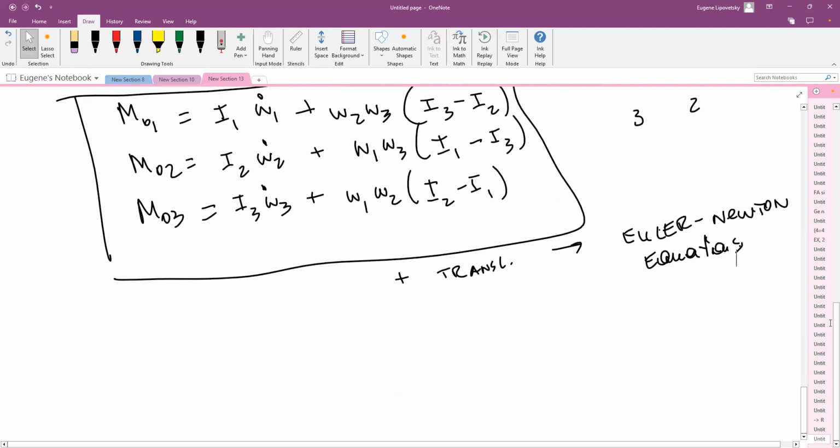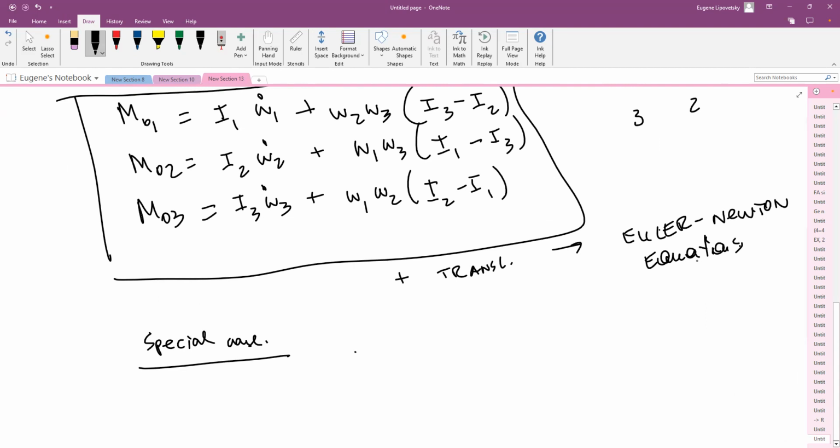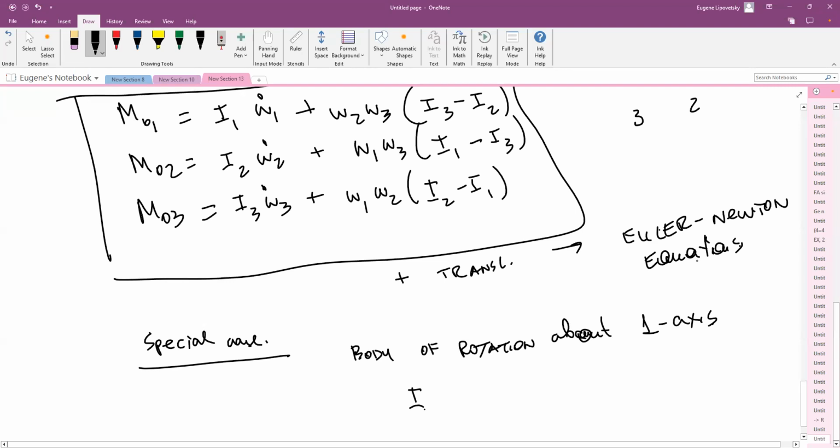Special case: when the body is a body of rotation about axis 1, then I2 equals I3, and we set it equal to I naught.